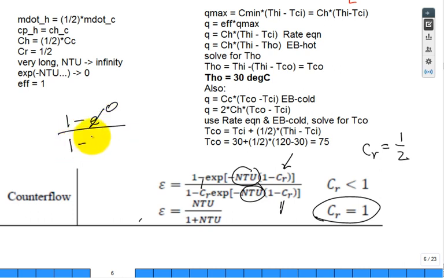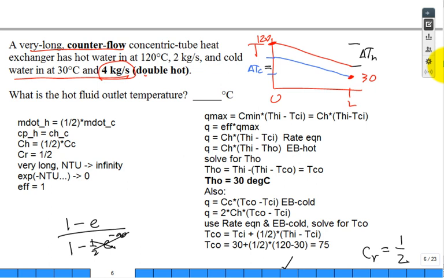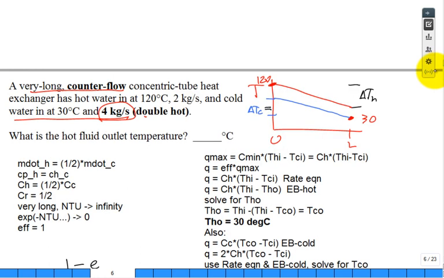Then 1 minus a half times e to the very large, that's 0. So what does effectiveness turn out to be for this case? Turns out to be 1. Where do I say that up here in my solution? Right here. Effectiveness is 1.